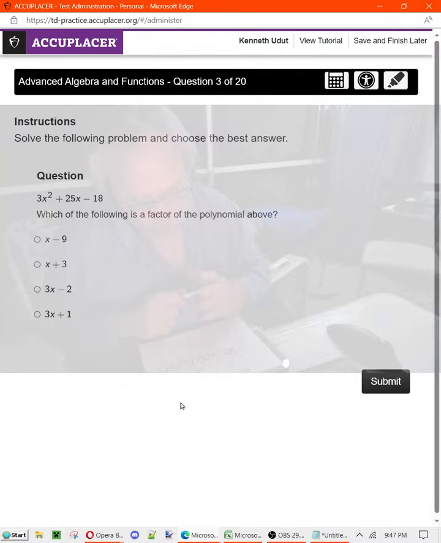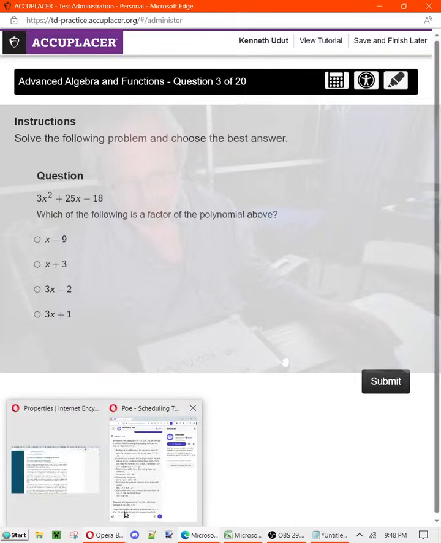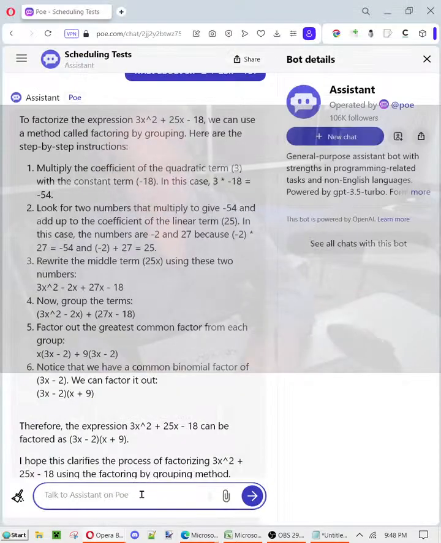Is that right? Where's that po you were just using? Is 3x to the 0th power the same as 3?